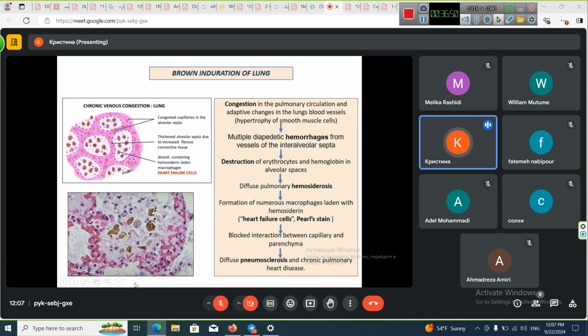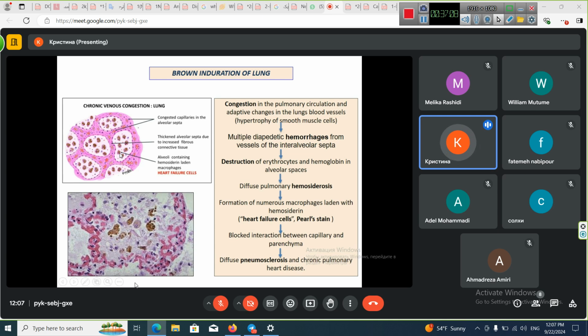But here you see some cells, some fluid, something between the cells, and these large cells with brown granules. Brown is the color of degenerating hemoglobin from blood capillaries.